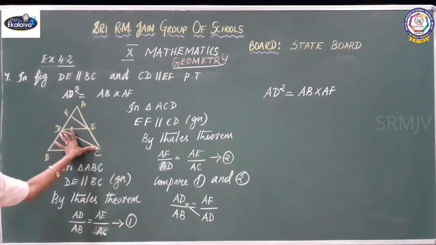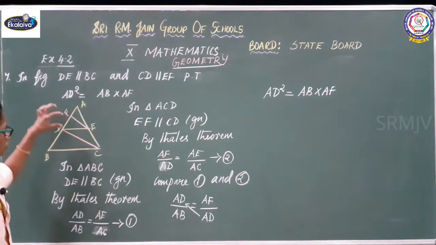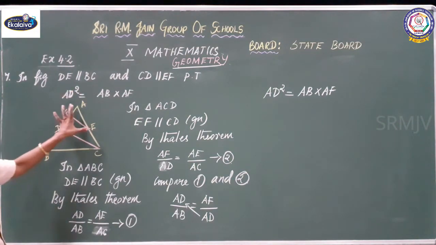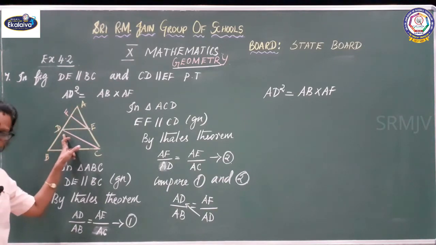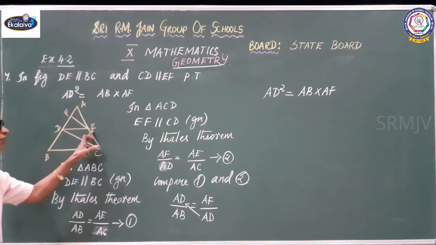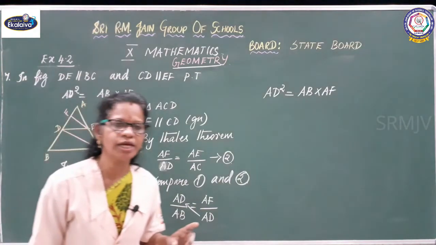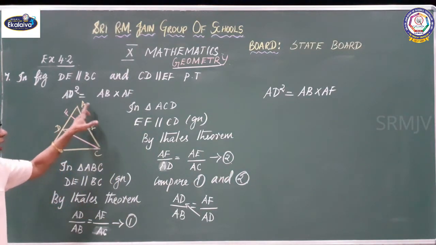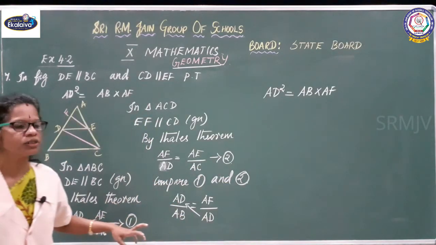So by Thales theorem, AF divided by AD, AE divided by AC. Here also the same, AF divided by FD, AE divided by EC. Two results you can apply using the Thales theorem, right? So you arrived at the second result.